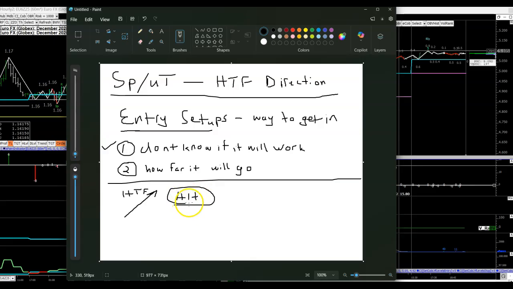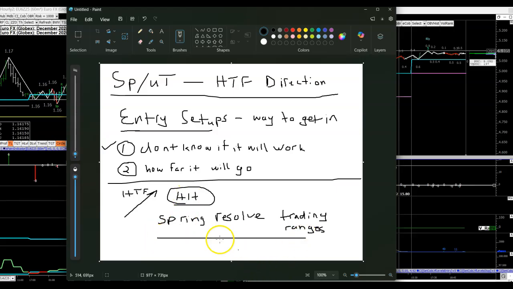And the reason for this is because springs resolve trading ranges. So springs resolve trading ranges means what?